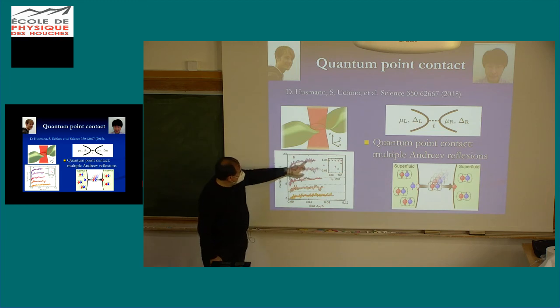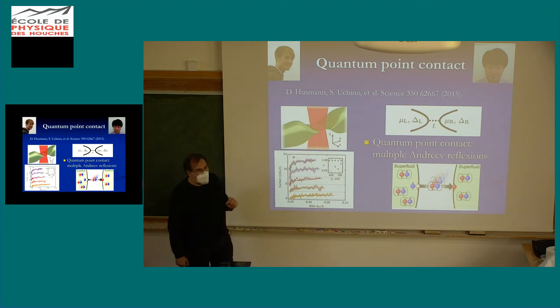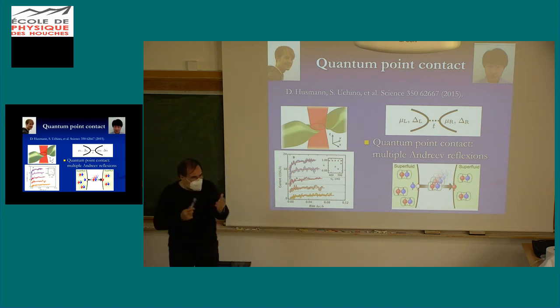These are very weird curves, which are practically the current is constant. But I'm cheating because the reservoirs are superconducting. So how do you compute this? Well, here it was computed using Keldysh, so neither Kubo nor Landauer-Büttiker, but yeah.